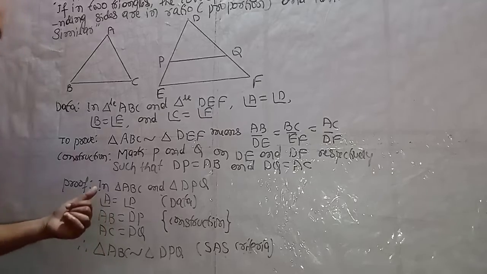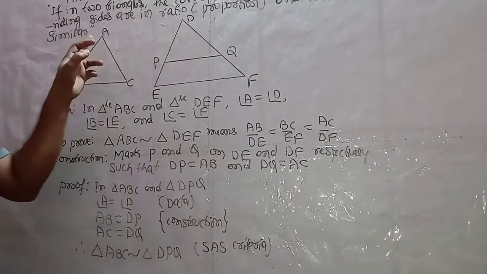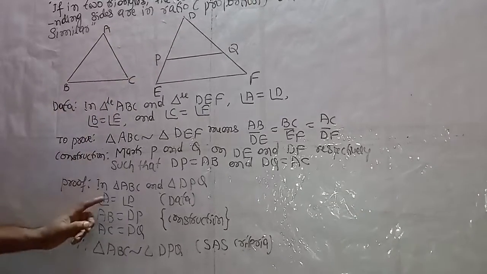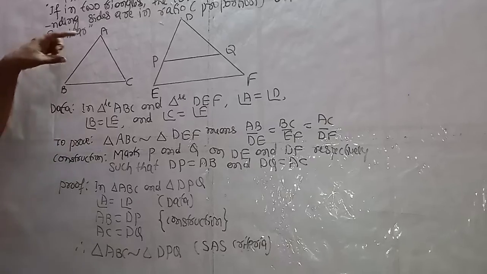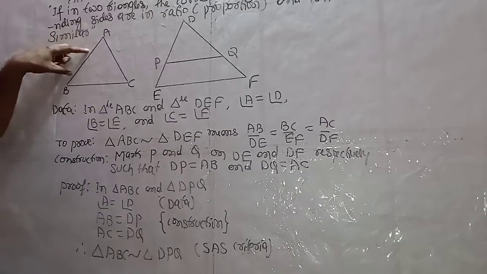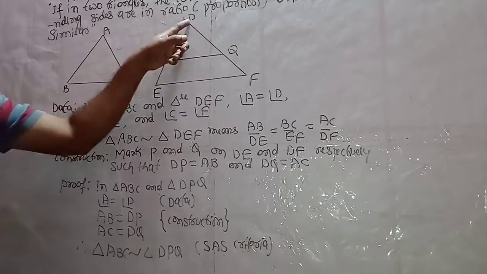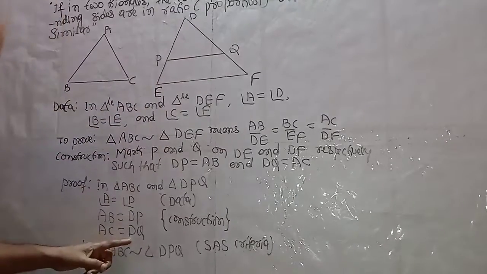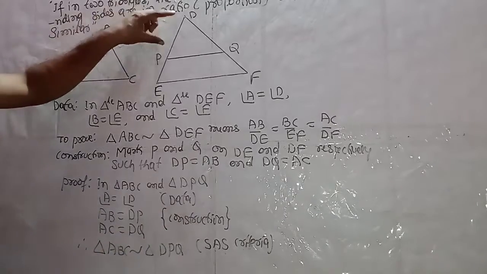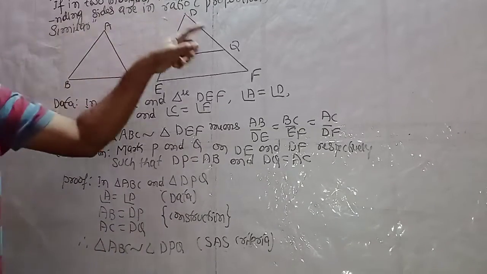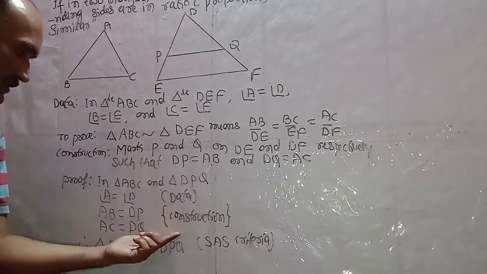Let us join, dear student. In triangle ABC and triangle DPQ, angle A is equal to angle D. That is the data part, already given. And AB length is equal to DP length, and AC length is equal to DQ length. These two we did by construction.